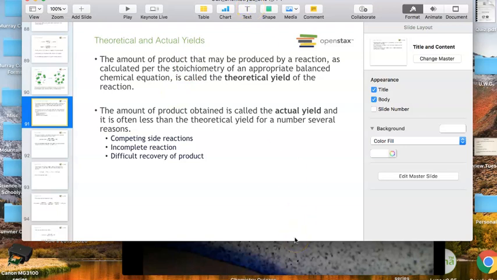So this is actual, this is what we found here. So basically that's going to go in the top part, 0.392 grams of copper was found. Now we need to find our theoretical value.